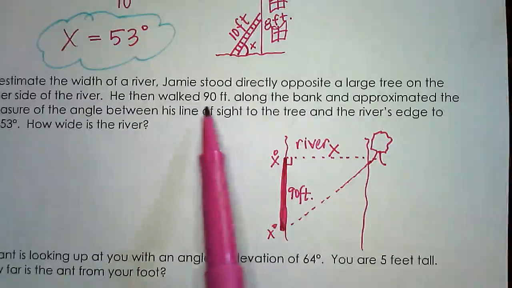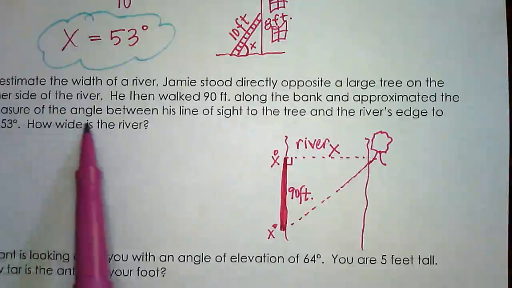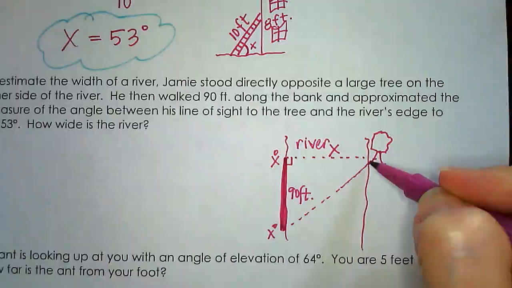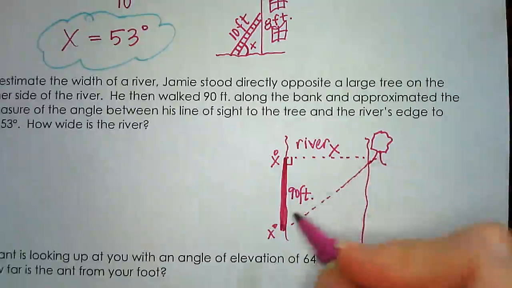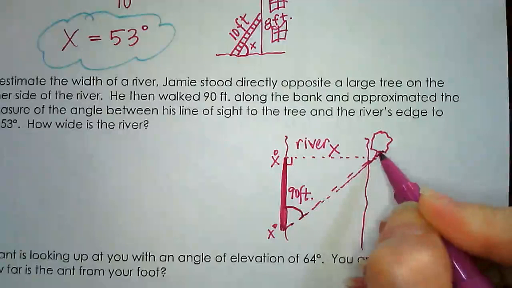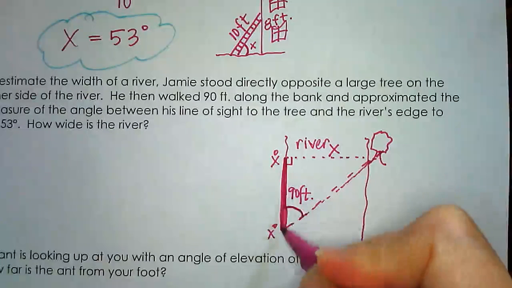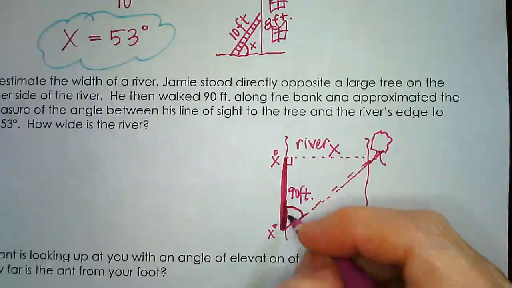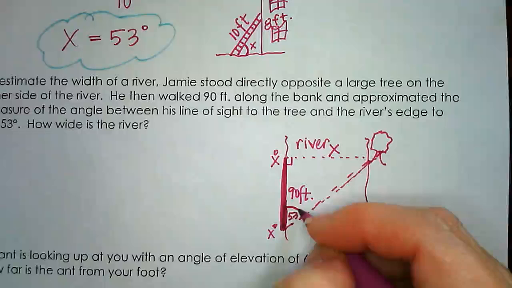Hold on, I lost my pace. He approximated the angle between his line of sight to the tree and the river's edge. This is the river's edge right here. So this angle right here is 53 degrees.